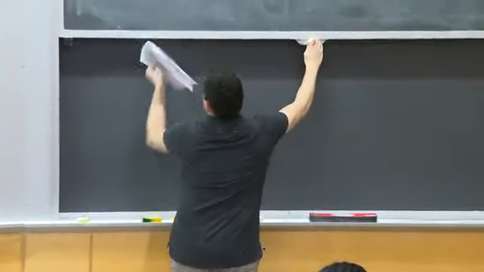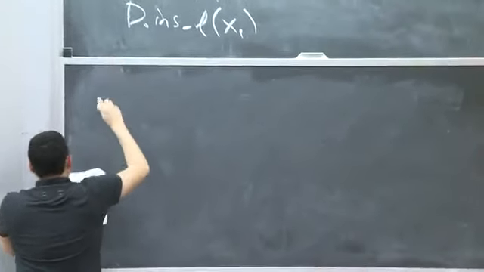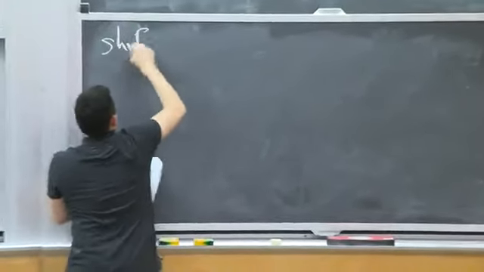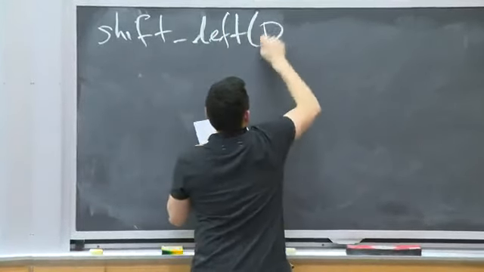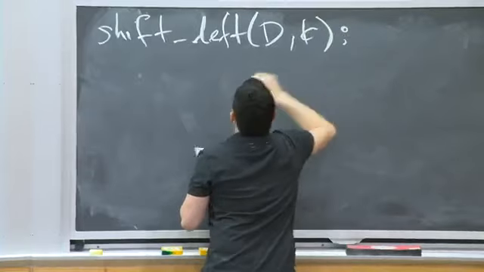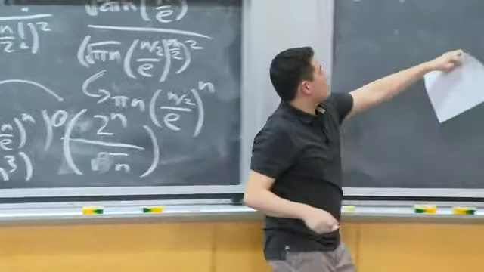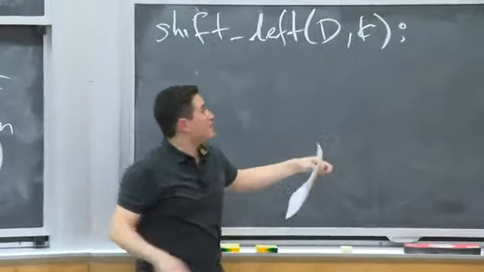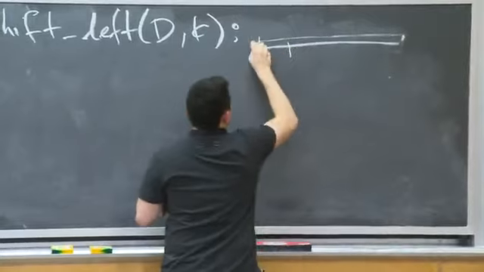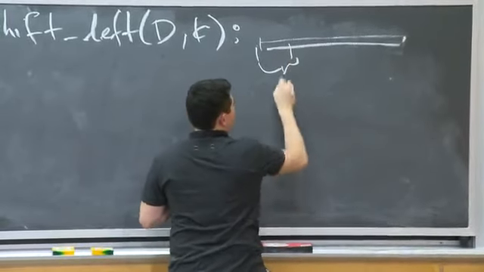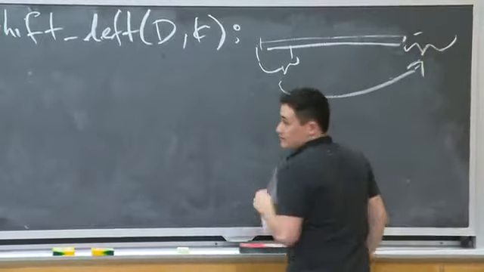All right, so how about the second operation? The second operation at least allows us to use a little bit more. So shift left d, k. This is the operation we're supporting now. We are given this sequence, and what we want to do is take the first k, right, here, and stick it over here at the back, okay?